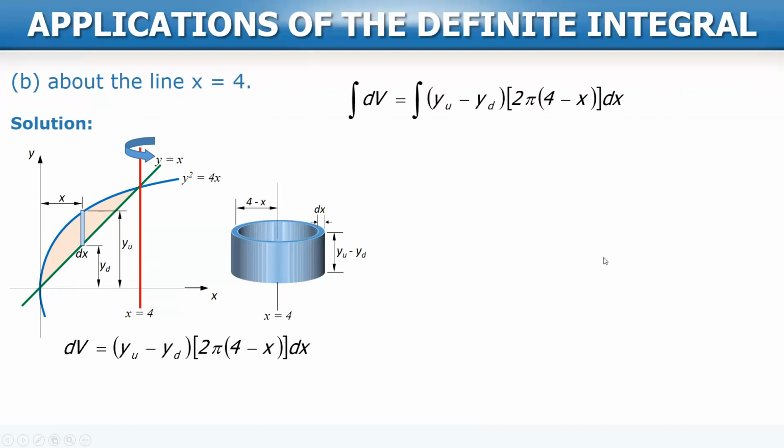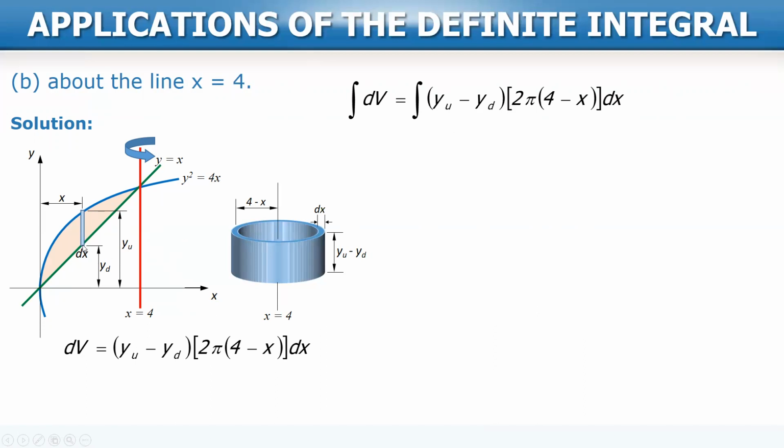You integrate, 4 minus x. So limits is from 0 to 4. Now, since dx, we'll replace y up and y down by x. Our y up is the blue parabola. What's the value of y? That's the square root of 4x.